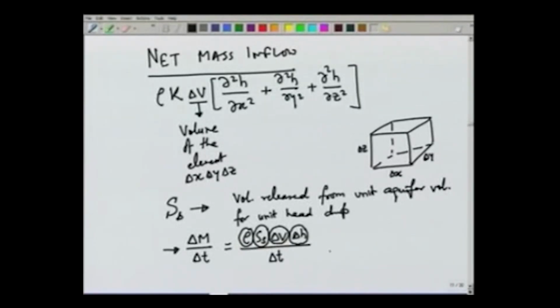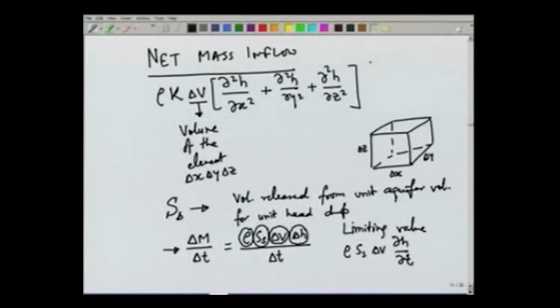And in the limit, as delta T tends to 0, we can write the other limit which we will take is that when this element reduces to a point, delta V tends to 0.